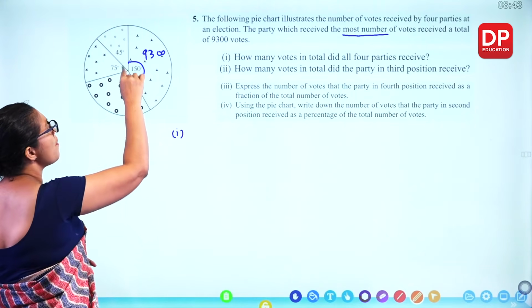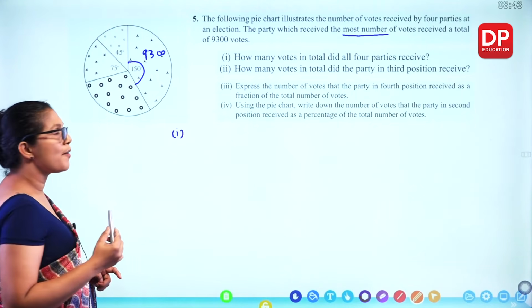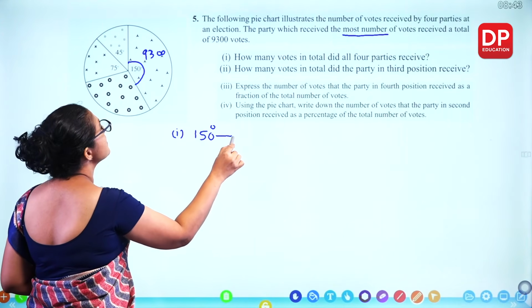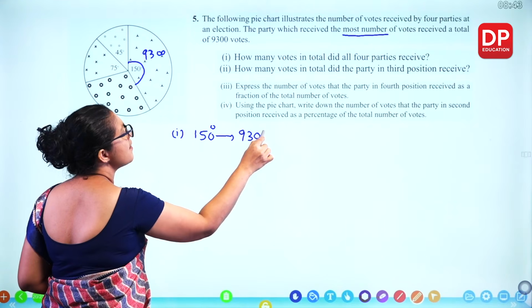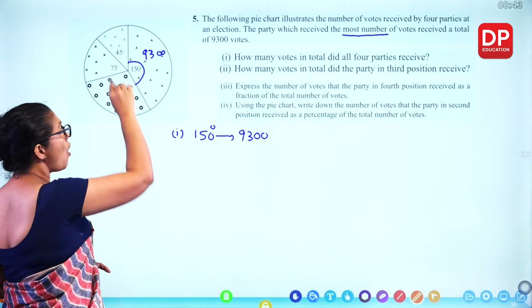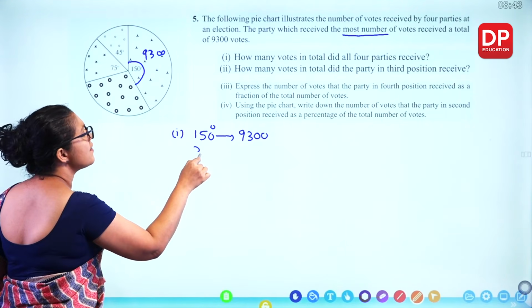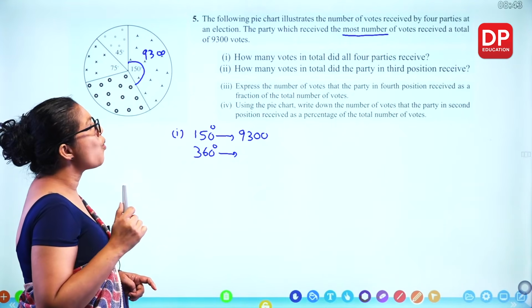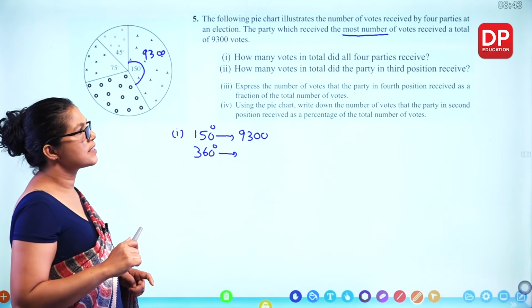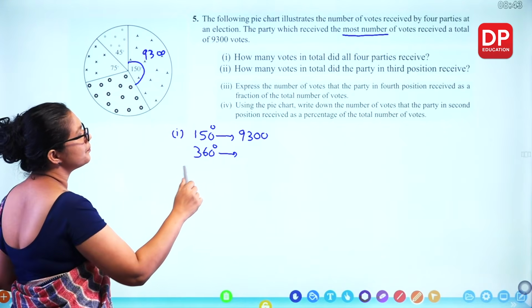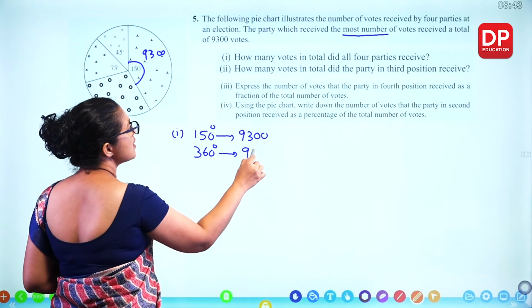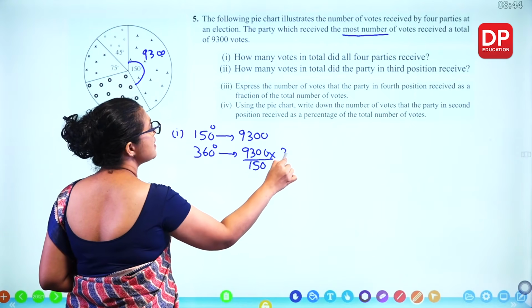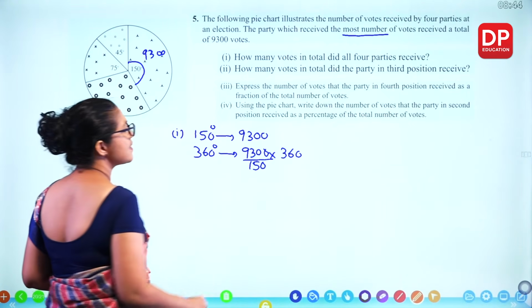So here from this information you can find out that we know 150 degrees representing 9,300 votes. Now altogether that's 360 degrees. So here we can find out the total number of votes. So 9,300 divided by 150 and multiplied by 360.